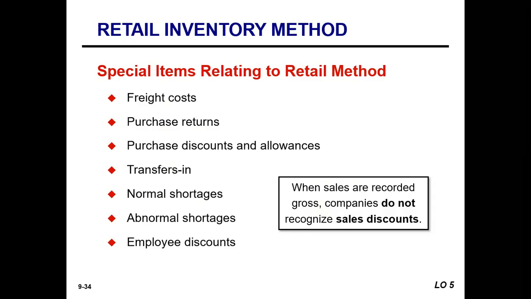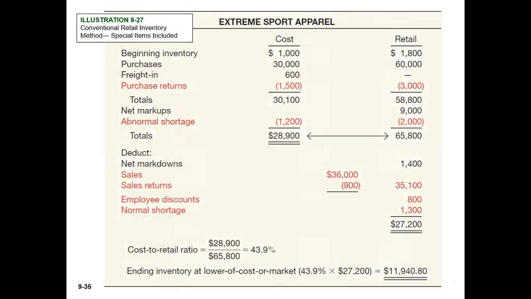It says these discounts should not be considered in the cost to retail percentage because they do not reflect an overall change in the selling price. Those are all listed on page 463 of your textbook if you wanted to go back and review that as well. In this slide, it's just showing us how some of these things would be dealt with, right?